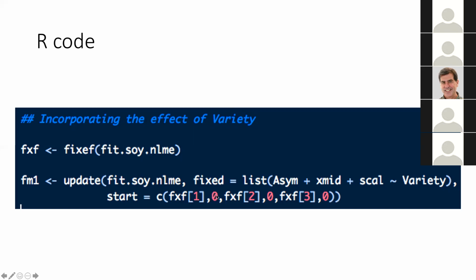Sometimes you state, my null hypothesis is that the treatment effect is 0, so there's no difference between the two varieties. Well, these are the zeros that you put in here. But these are just starting values because we don't know a priori what the difference is between variety A and variety B in terms of how they affect the asymptote, the x midpoint, and the scale.